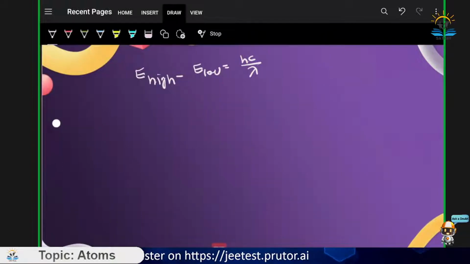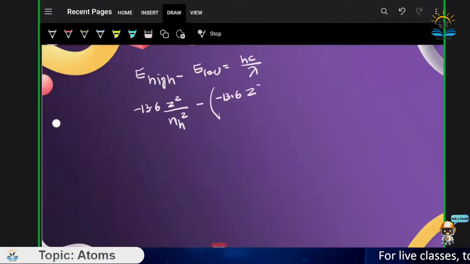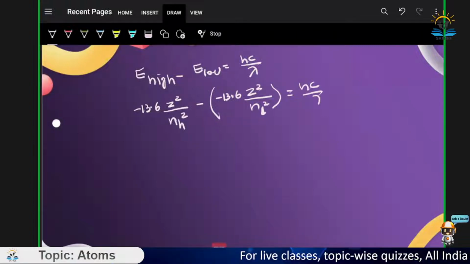We know the formula: minus 13.6 z square by n high square, minus of minus 13.6 z square by n low square, equal to hc by lambda.